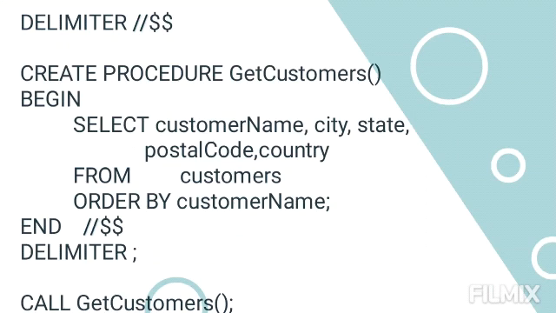Create procedure get_customers, begin, then my executable statement is only a query: select customer name, city, state, postal code, country from customers order by customer name. Then call this stored procedure using call get_customers. In this way, we can create a stored procedure and call it.